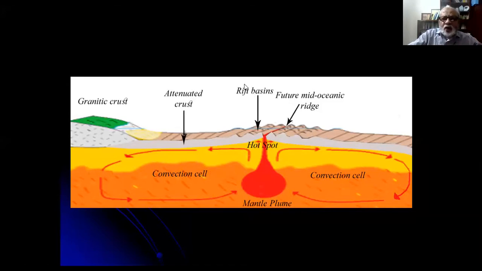They can form rift basins, they can form new oceanic crust, and continental crust can go away, and you have the very prominent movement of the molten material as a convection current inside the Earth.